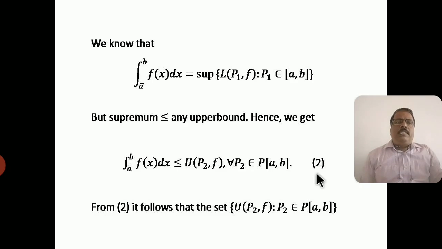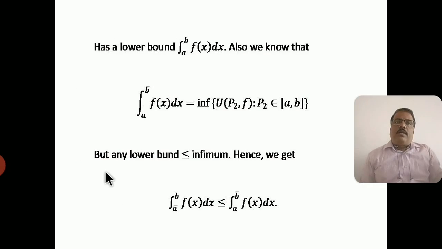Now from equation 2 it follows that the set of upper sums U of P2, f, where P2 belongs to the partitions of [a, b], has a lower bound. That lower bound is nothing but the integral from a bar to b of f of x dx.